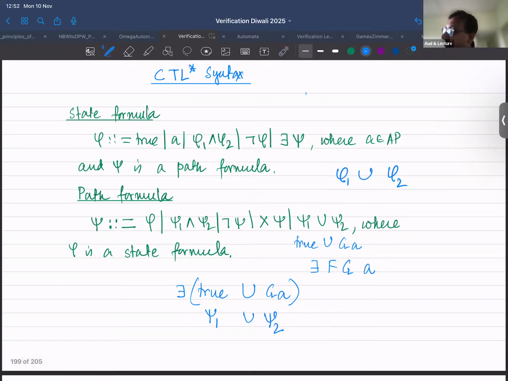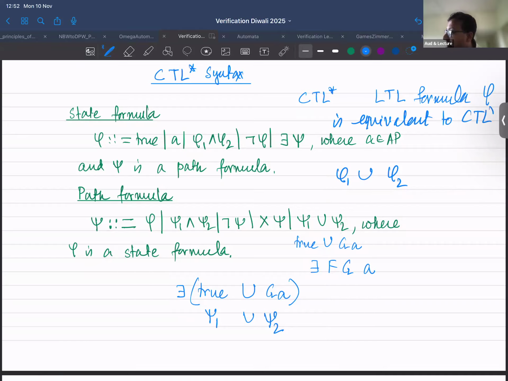In fact, any LTL formula phi is equivalent to a CTL star formula of the form for all phi.